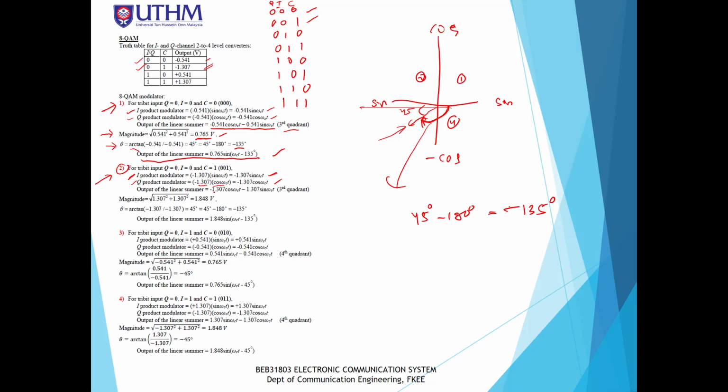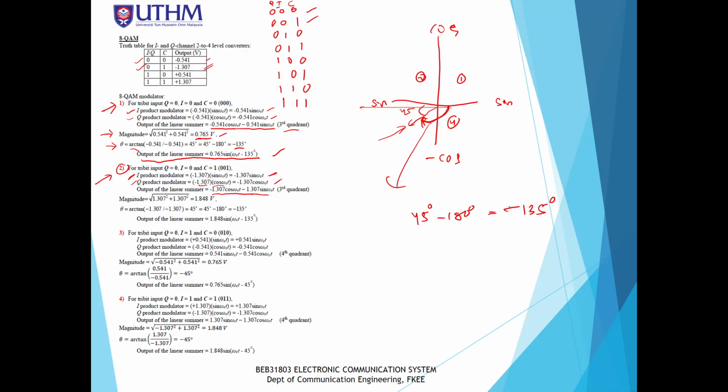And if we rearrange the equations, the output of the linear summer, we sum up both the I channel and Q channel, would be negative 1.307 cos omega ct minus 1.307 sine omega ct.